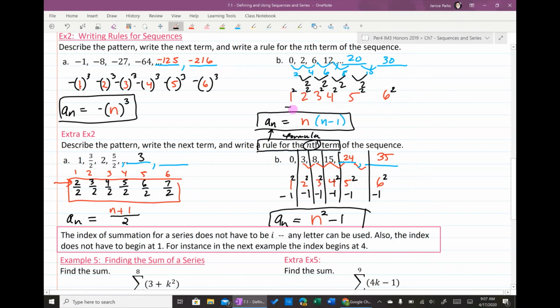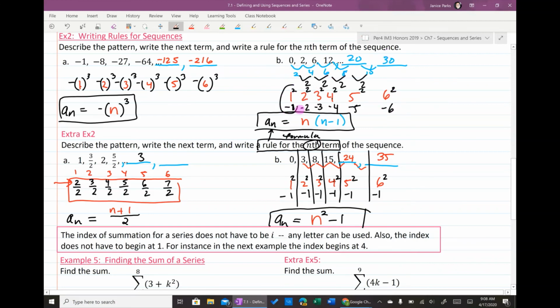To get that, I have to subtract 1. 2 squared is 4, minus 2 is 2. 3 squared is 9. 9 minus 3. 4 squared is 16, minus 4. 5 squared is 25. 25 minus 5. And then 6 squared is 36, minus 6 is 30.